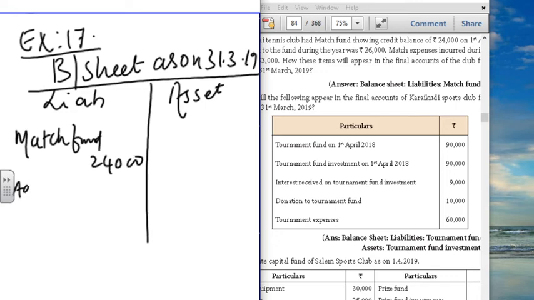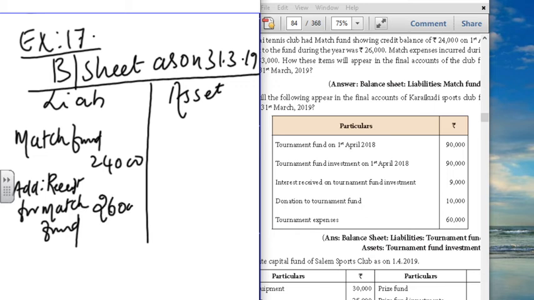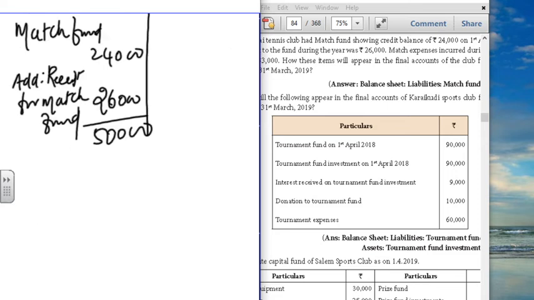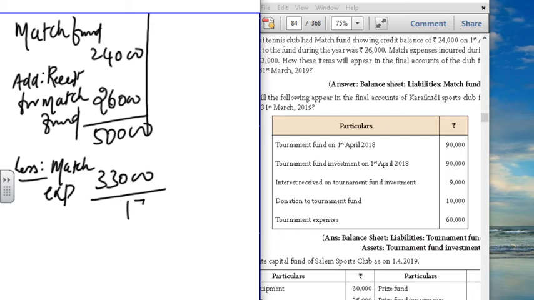Next, add your receipt for match fund, which is 26,000. So your total comes to 50,000. Add your receipts, minus your expenses. So match expenses come to 33,000. In the outer column, you are going to write it as 7,000. So this is the method. It's very easy to calculate sports material and match fund.